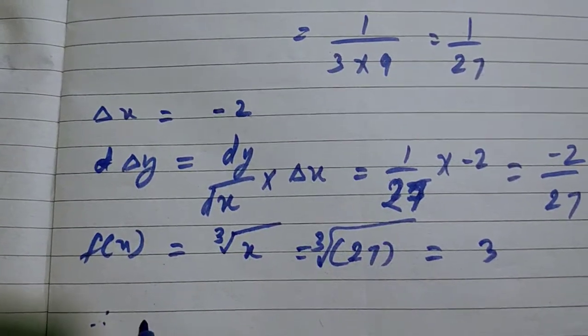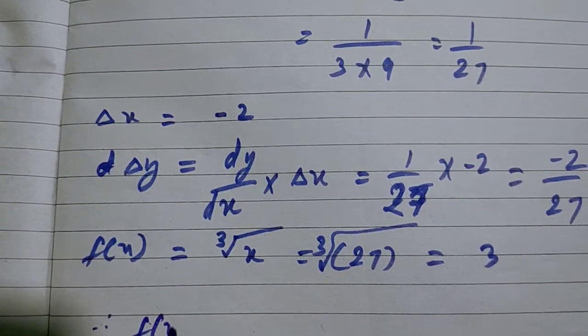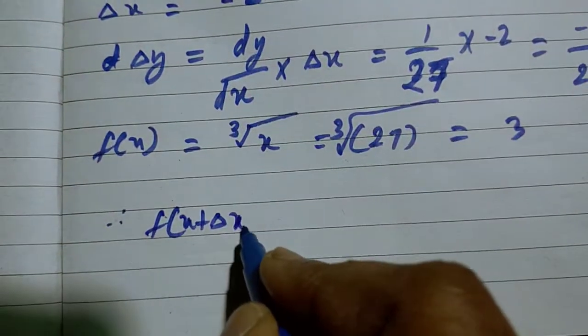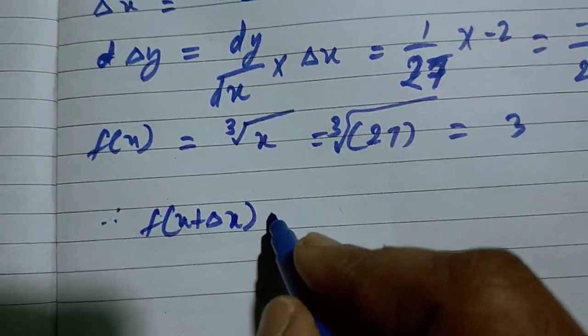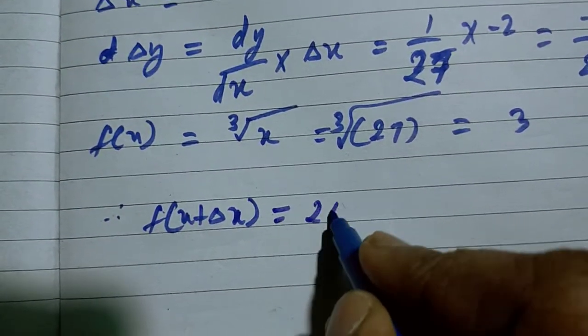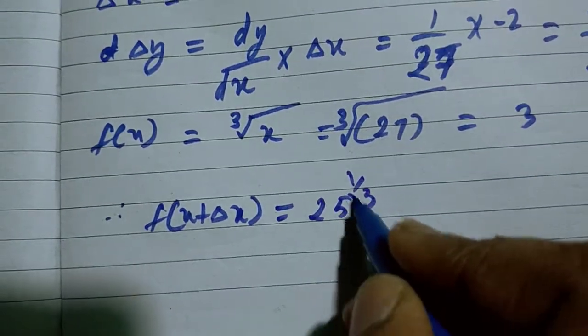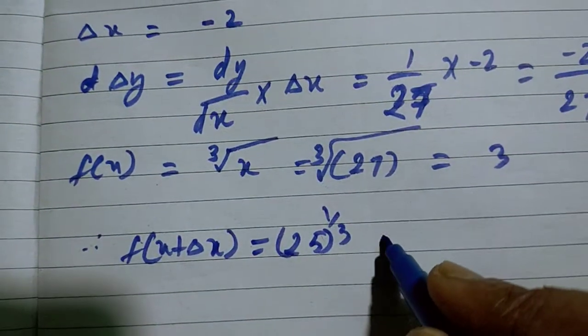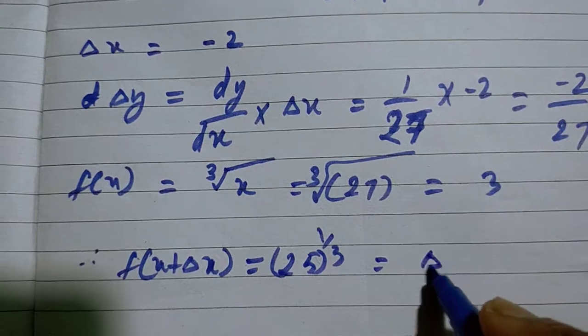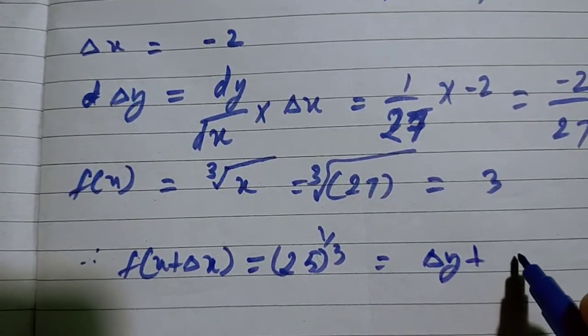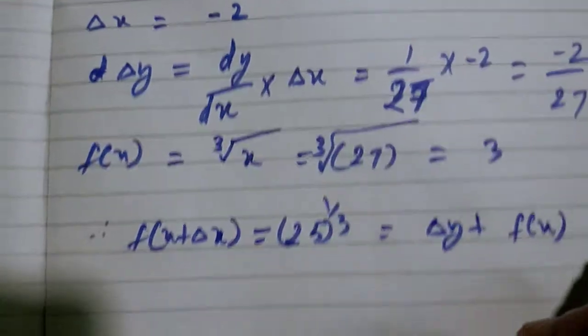Therefore we will get f of x plus delta x, which is cube root of 25, is equal to delta y plus f of x.